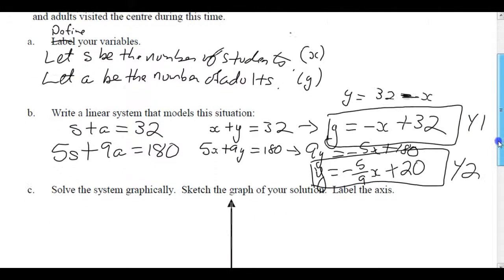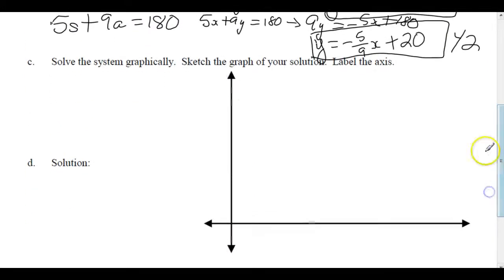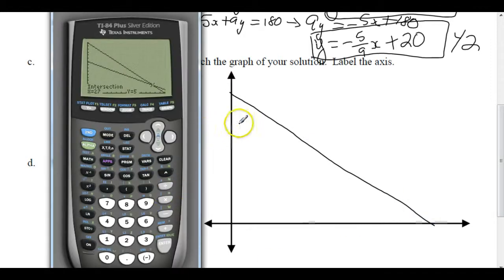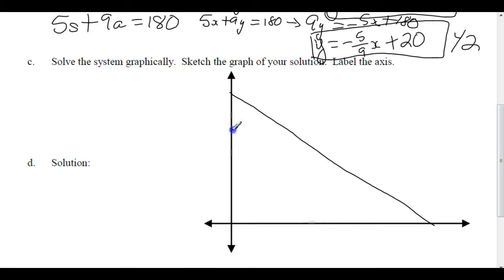So what we want to do is sketch the graph of your solution. One curve looked like this. One curve started further down and crossed there and looked like that. Label the axes. So at this point we can go back to using students and adults.